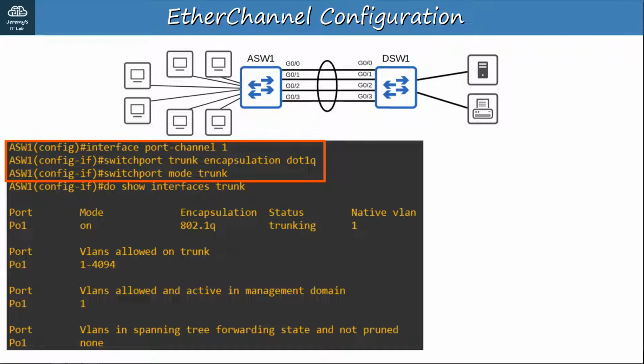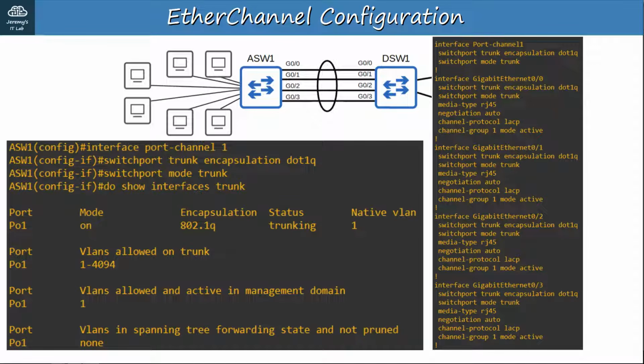I entered interface config mode for the port channel 1 interface, and then configured it as a trunk. Now in the output of show interfaces trunk, you can see port channel 1, listed as Po1, is a trunk. Notice that the individual physical interfaces aren't listed here, only the port channel interface.